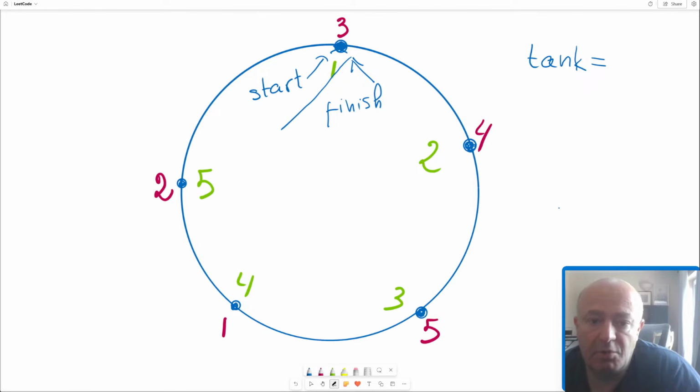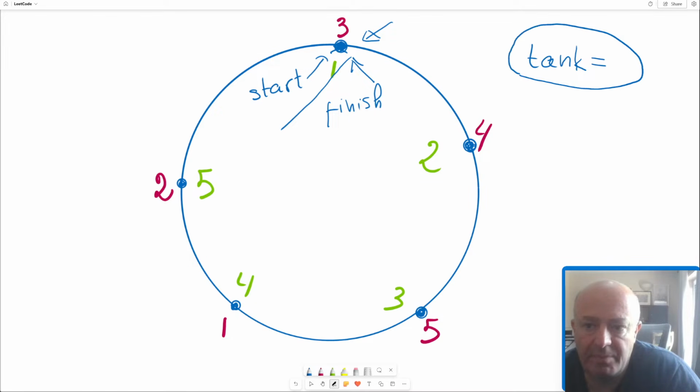So if our finish is pointing to a station, what tank tells us is how much gas we will have in the tank when we reach the next station.